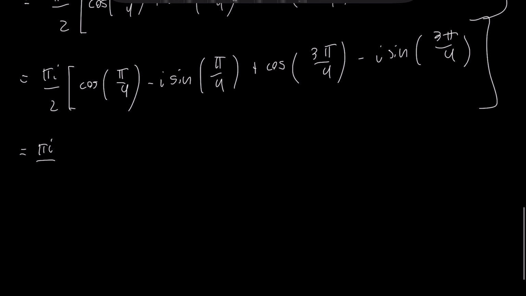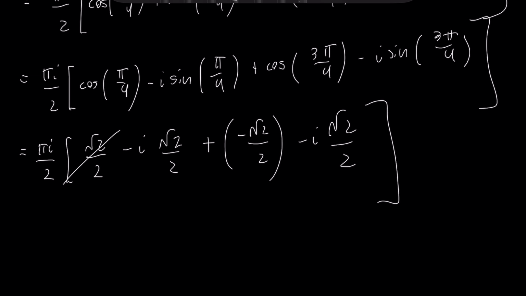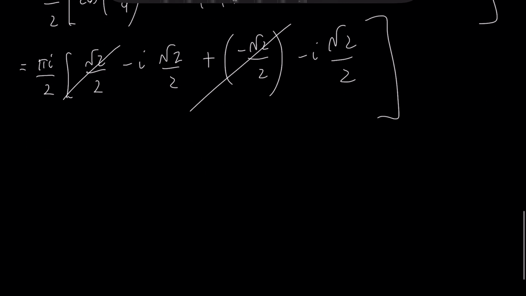This is equal to pi i over 2. The cosine of pi over 4 is the square root of 2 over 2, minus the sine of pi over 4 is the square root of 2 over 2, plus the cosine of 3 pi over 4 will be negative square root of 2 over 2, minus the sine of 3 pi over 4 will be positive the square root of 2 over 2. So as you can see, these real parts will end up canceling.